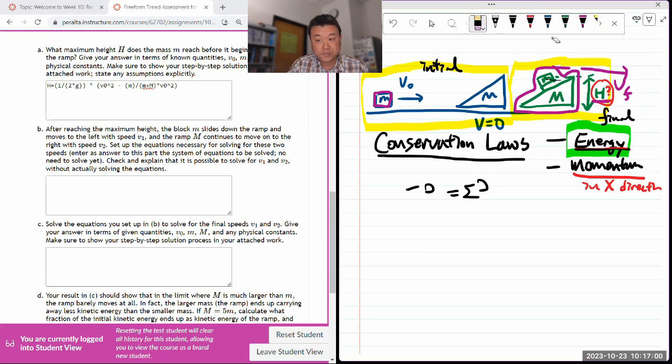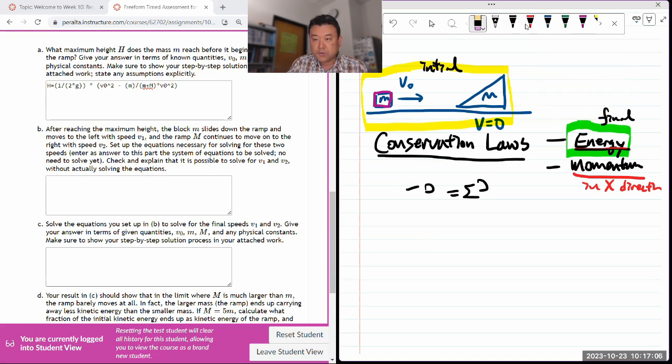But the final, instead of being the scenario that we had, we are now going to be in a situation where the ramp is still somehow moving to the right with some speed, let me call it v2. And the small block has come down, and I'm going to assume it might be traveling to the left with the speed of v1.